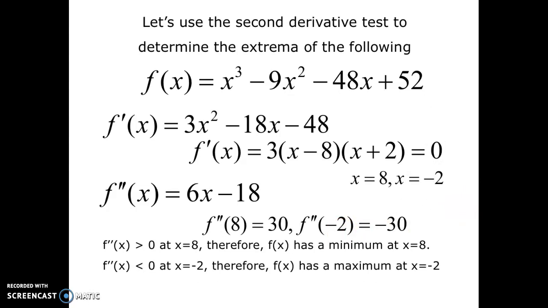So because the second derivative is positive at x equals 8, the function must have a local minimum at x equals 8. And because the second derivative at x equals -2 is negative, f of x has to have a local maximum at this value.